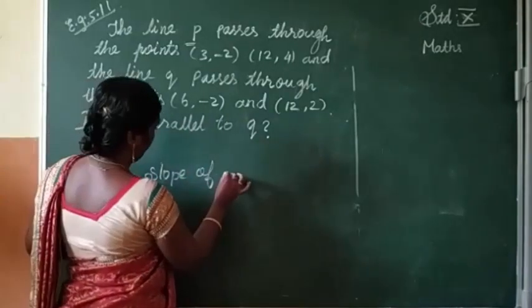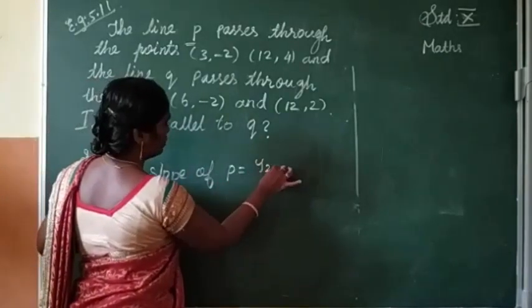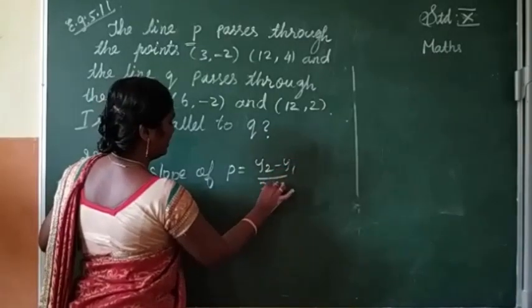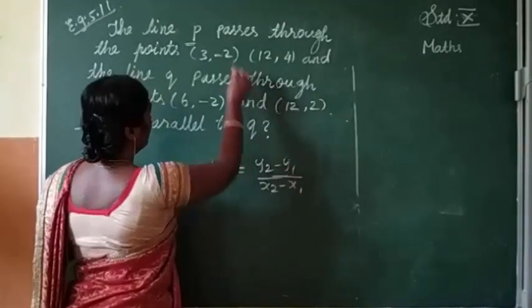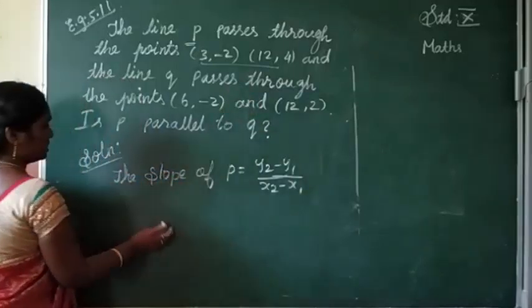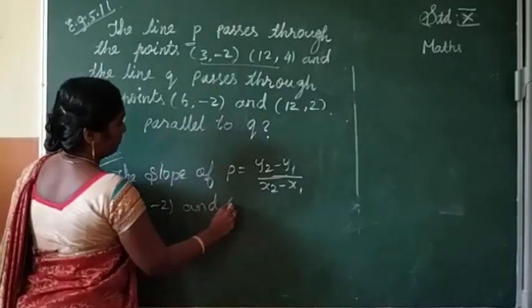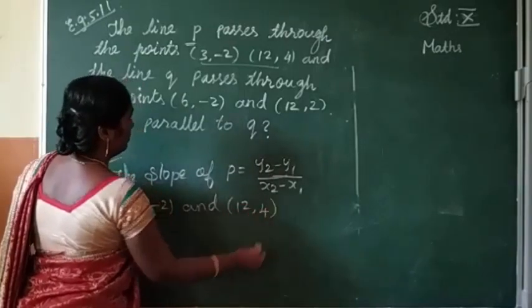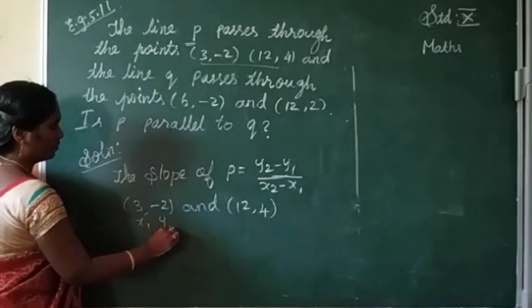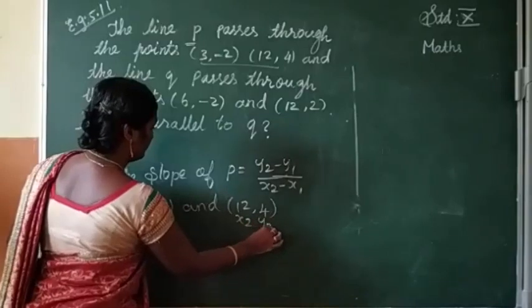The slope of P is equal to the formula y2 minus y1 by x2 minus x1. P passes through these 2 points, so mention the 2 points (3, minus 2) and (12, 4). Take this as x1, y1 and x2, y2.